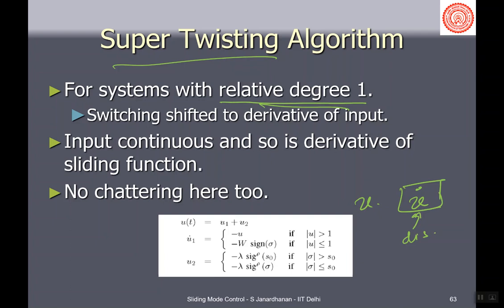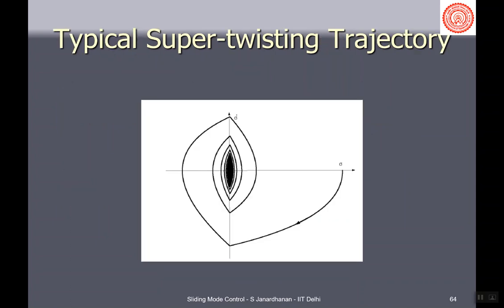So you have a component u1 and u2, where u2 has no discontinuity in it, but u1 dot has discontinuity in it. Again in this case, the input is continuous and the sliding function is also continuous, and hence there is no chattering.